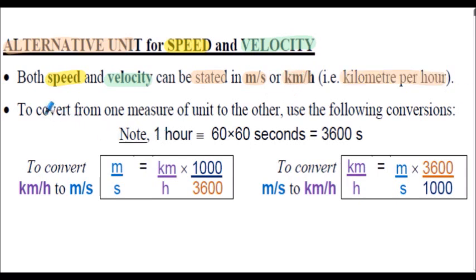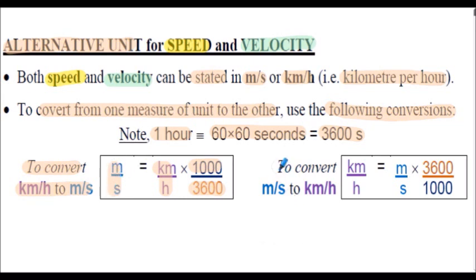To convert from one measure of unit to the other, the following conversions are used. Just note that in 1 hour there are 60 times 60 seconds, so 3,600 seconds in 1 hour. To convert from kilometers per hour to meters per second, we multiply the kilometers per hour by 1000 divided by 3600, and that will change the unit to meters per second.